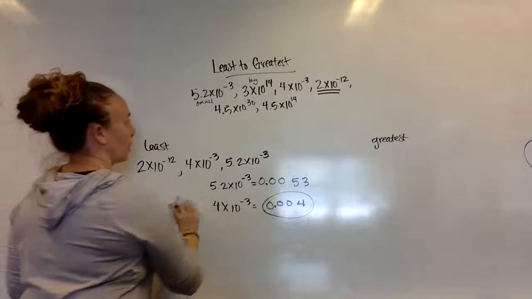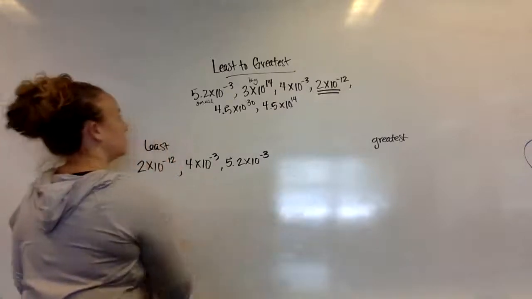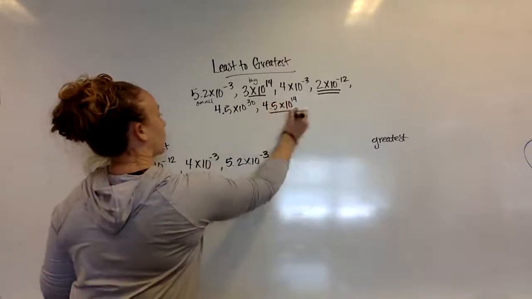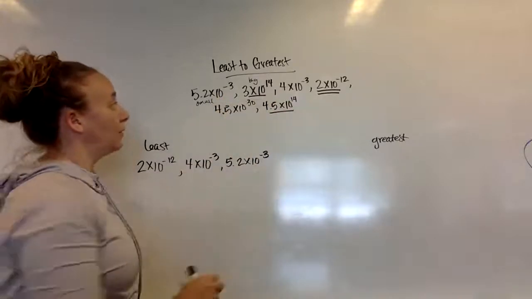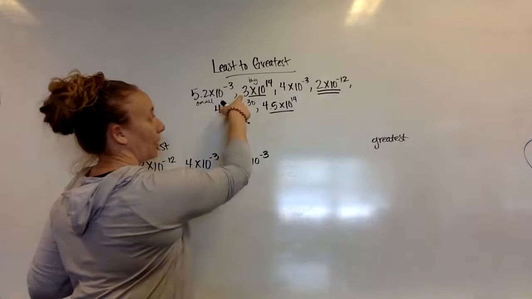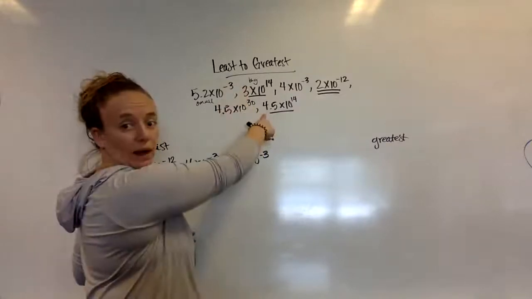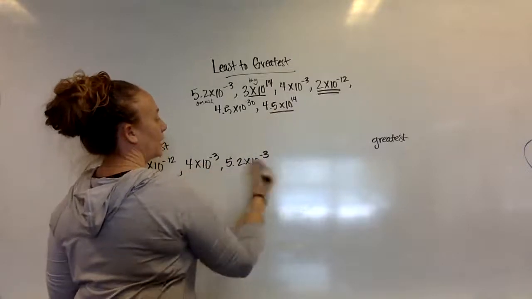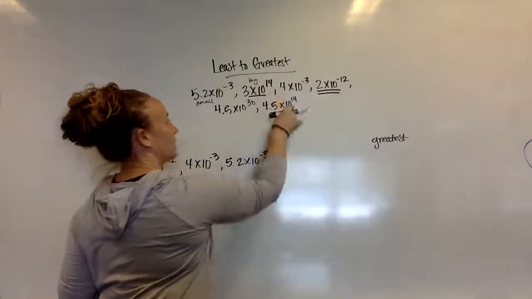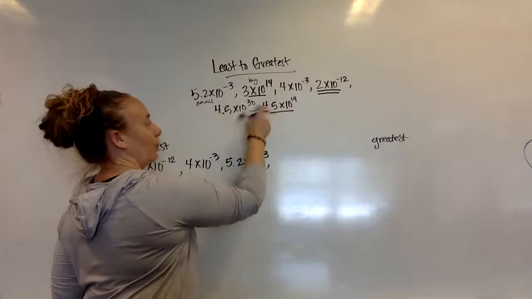Then from there, we're going up to the next order of magnitude. We have the 14s. Again, we can write these out if we need to, but if I think about this, would I rather have $3 versus $4.50? I'd rather have $4.50. So these have the same order of magnitude, but the 4.5 is bigger.